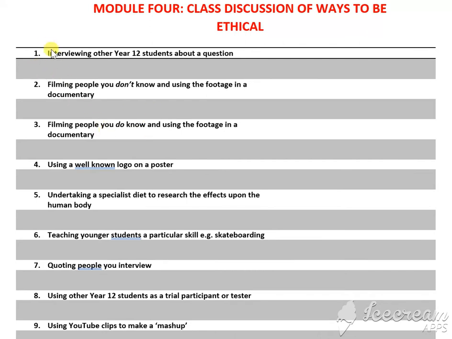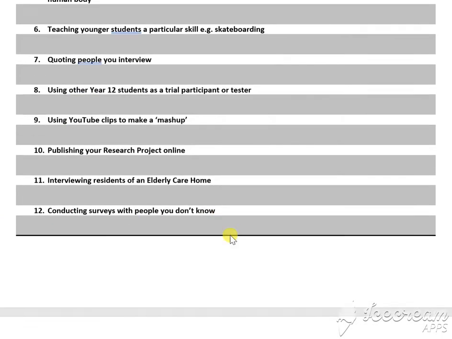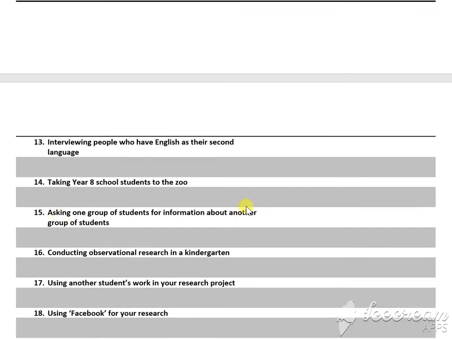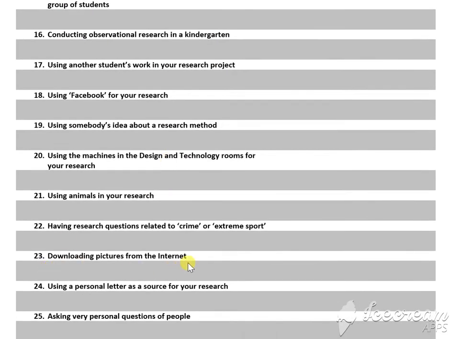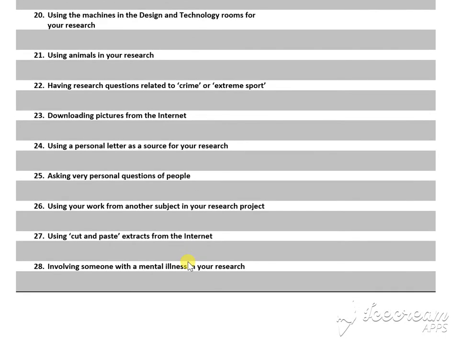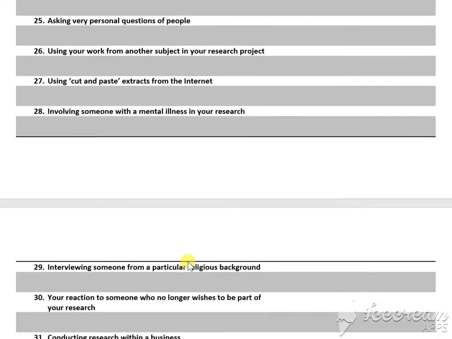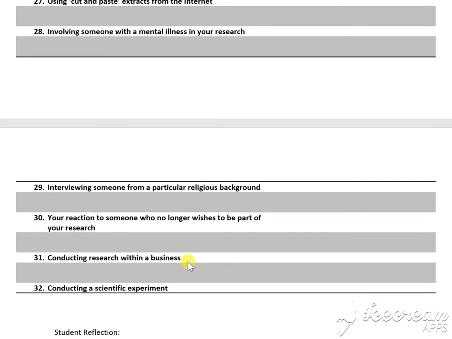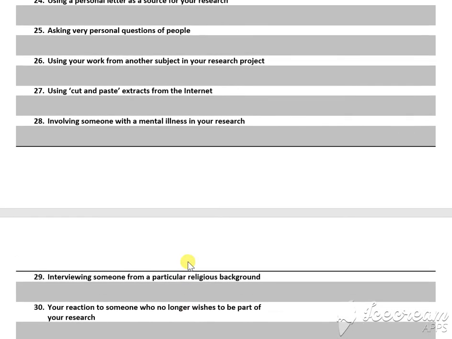So you might pick interviewing other year 12s, teaching younger students, interviewing residents, asking a group of students about information, using Facebook, downloading pictures. So skip a few between each one. Try and vary it up a little bit so that the people on your table aren't doing the exact same as you. And we're going to talk about these in quite a bit of detail together, but I'd like you to add your thoughts first. How would you be ethical?